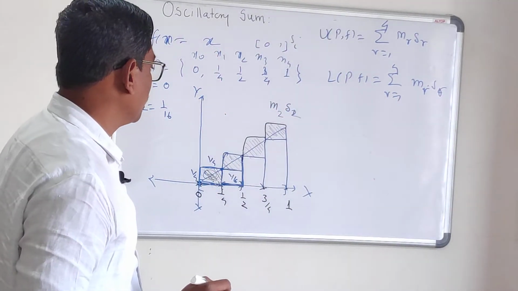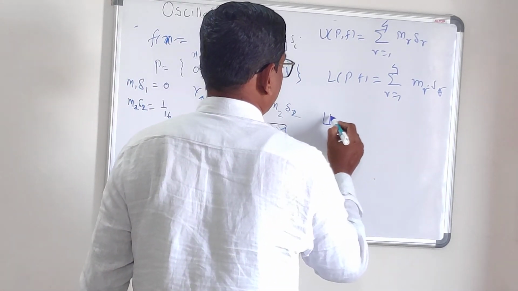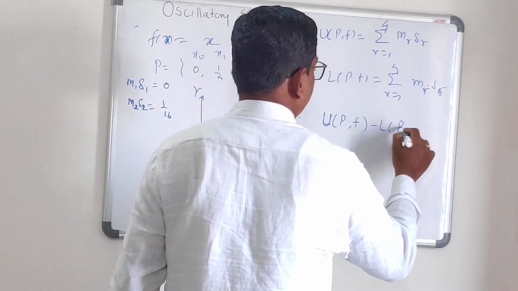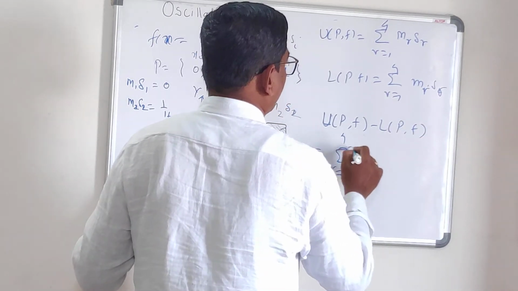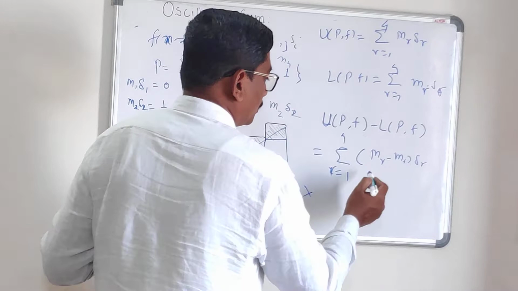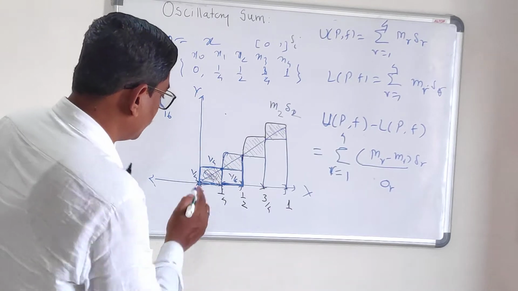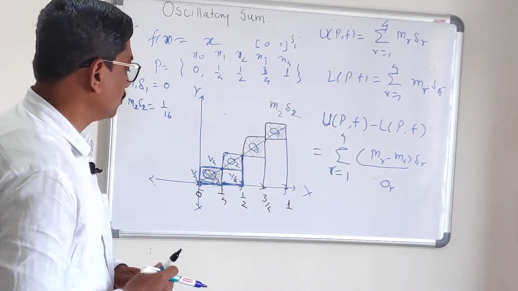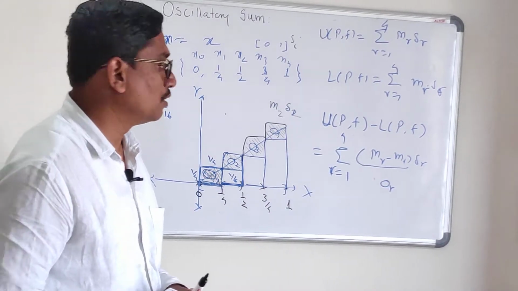So the upper sum we can calculate, the lower sum we can calculate, and the difference of these two, since U(P,f) is always greater than or equal to L(P,f), the difference will be the summation r from 1 to 4 of capital Mr minus small mr into delta r. If you simplify this, I will call this term Or, the oscillation for the first, this one O1, this term is your O1, this is the second oscillation, third oscillation and fourth, and each oscillation multiplied by the length of the interval and summed is nothing but the oscillatory sum.